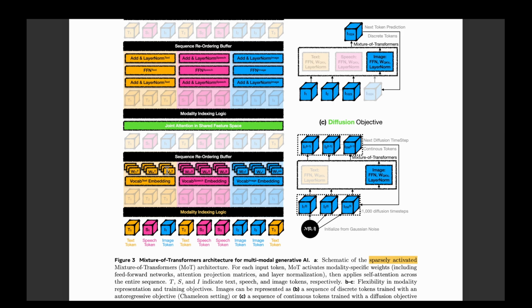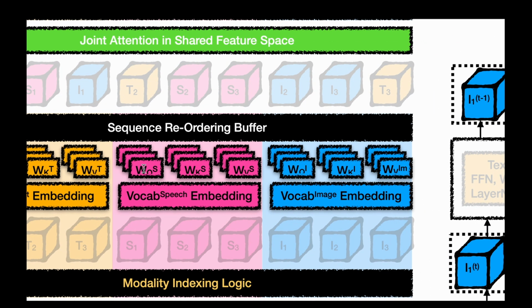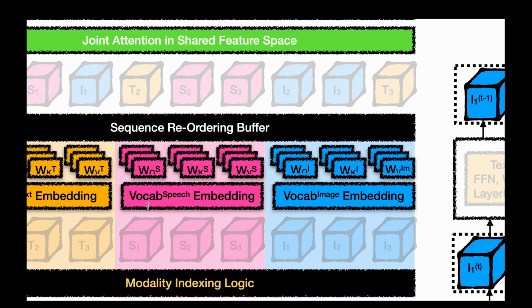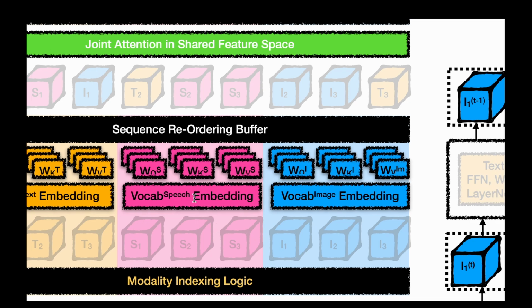The query, key, and value for each of the modalities are activated separately. For example, for the speech, there are separate weights for query, key, and value. These are the speech-specific weights.